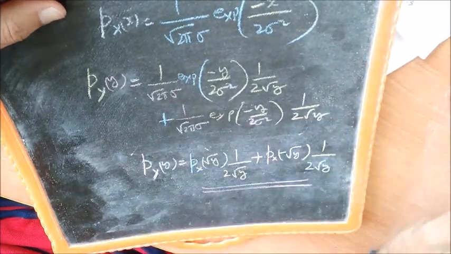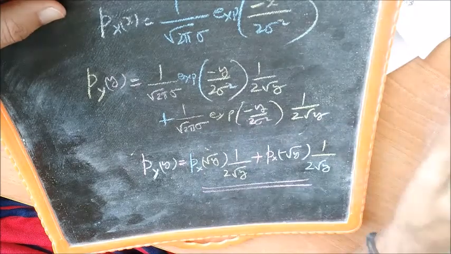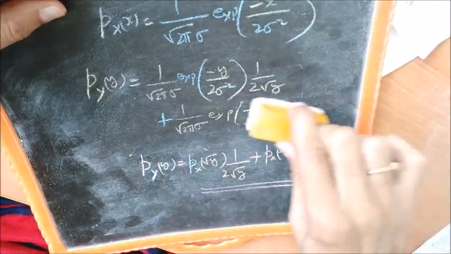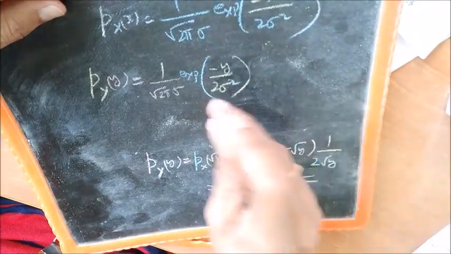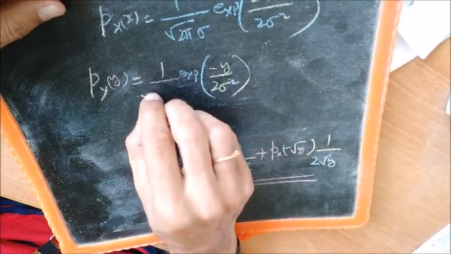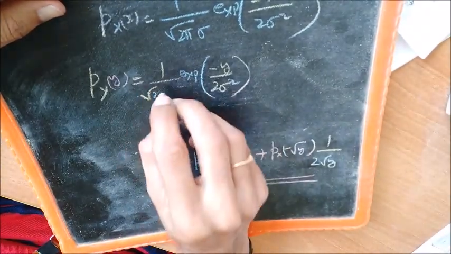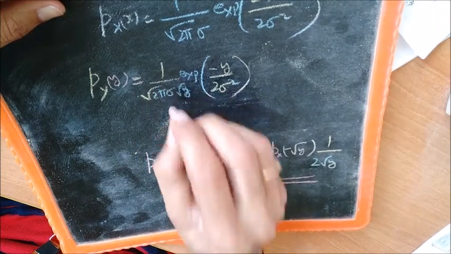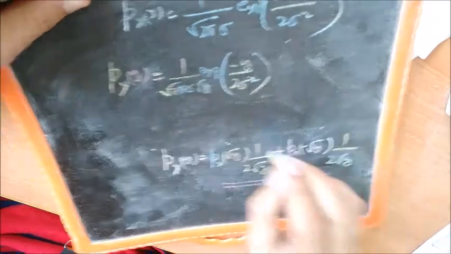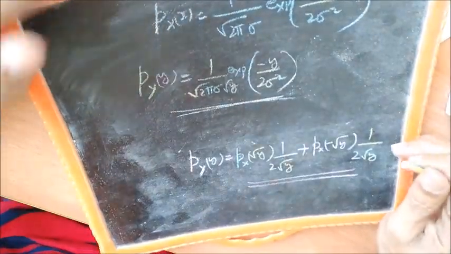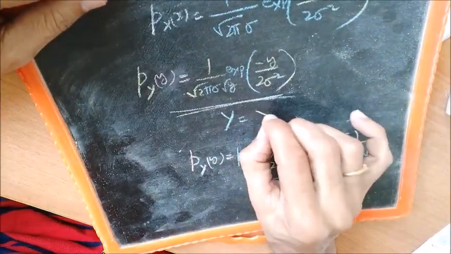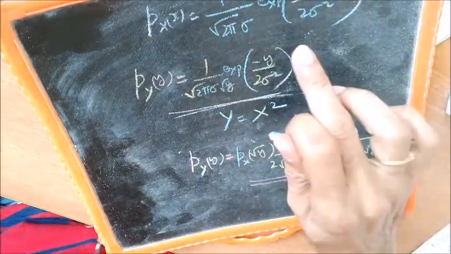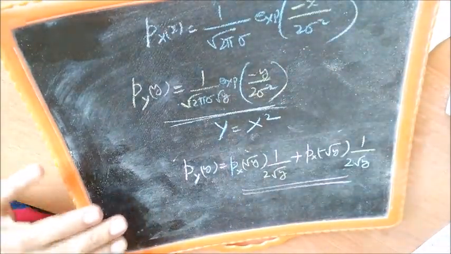So when you add this, you see that since they are the same, essentially it is 1 by 2 of this, 1 by 2 of this, you will get the result as this: 1 by root of 2 pi sigma root y. This is the density function of the random variable y, which is defined as x square, when x has a density function like this.